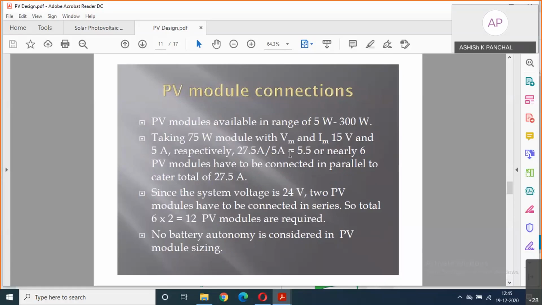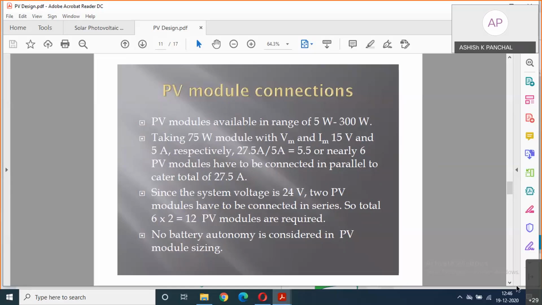So yearly these PV modules are required. It means that to get the 0.6 modules, I need them in parallel, but 24 volt. So two modules in series are connected, right?